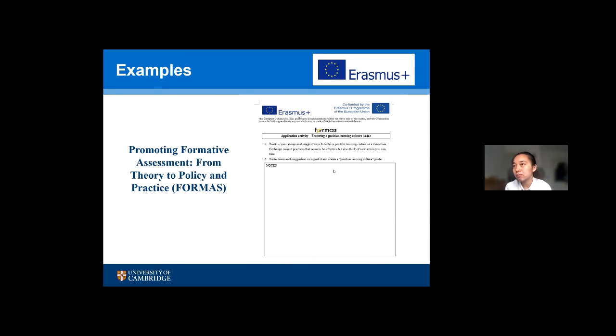For example here, these strategies are about how to establish a positive learning culture in the classroom. So we gather the teachers in group A together to work together and discuss the way to establish a positive learning culture in a classroom.